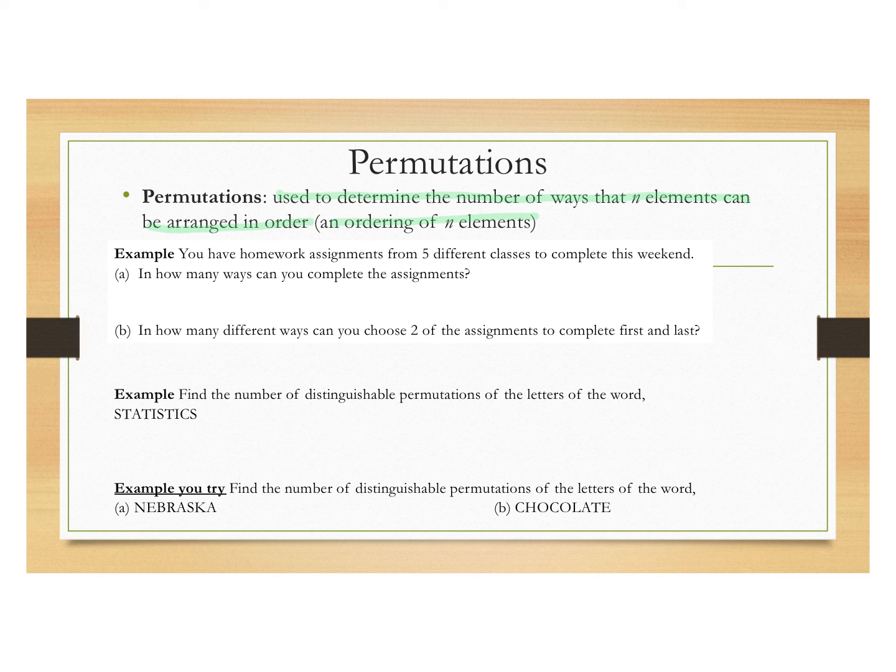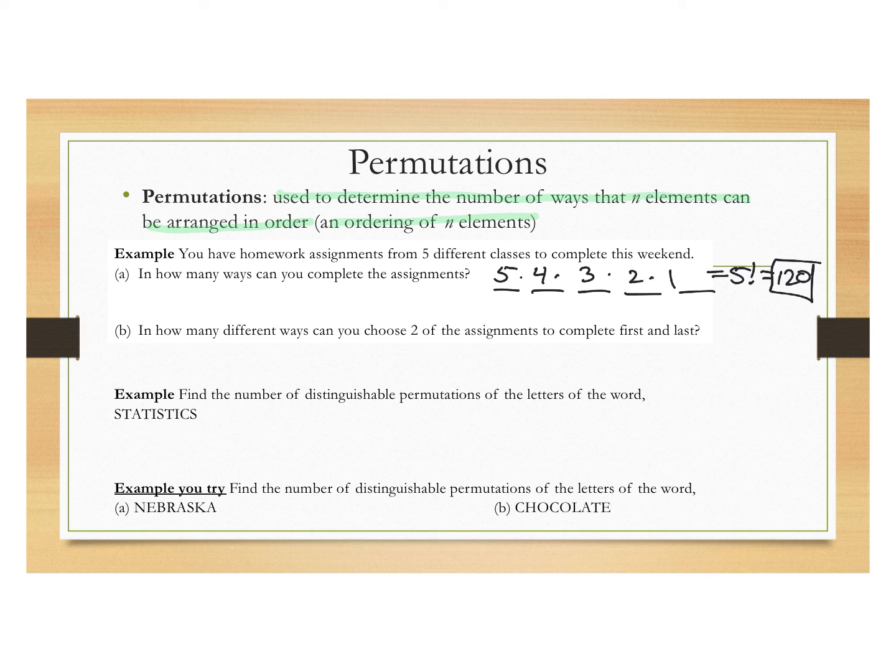Okay? If you have homework assignments from 5 different classes to complete this weekend, in how many ways can you complete the assignments? So we know we have 5 different classes, and we have homework in all 5. So let's see, 5, then 4 left, then 3 left, then 2 left, which is the same as 5 factorial, which is 120 different ways.